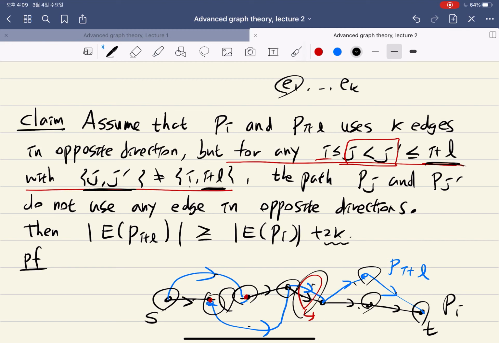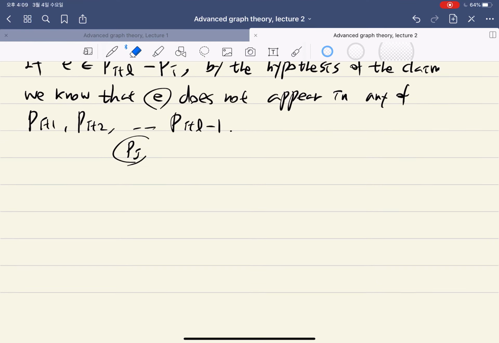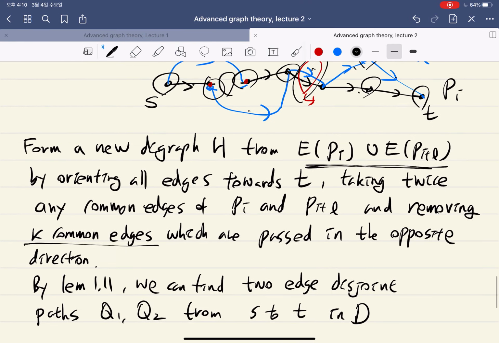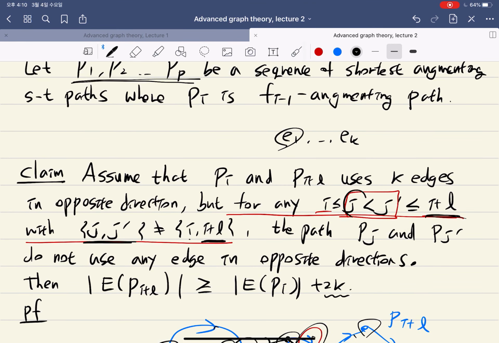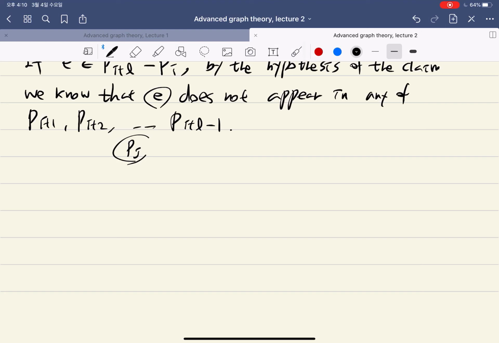So if this one was pj, then we could have taken j and then j prime equals i plus l. Which would be a contradiction to this assumption. So this e does not appear in any of these.